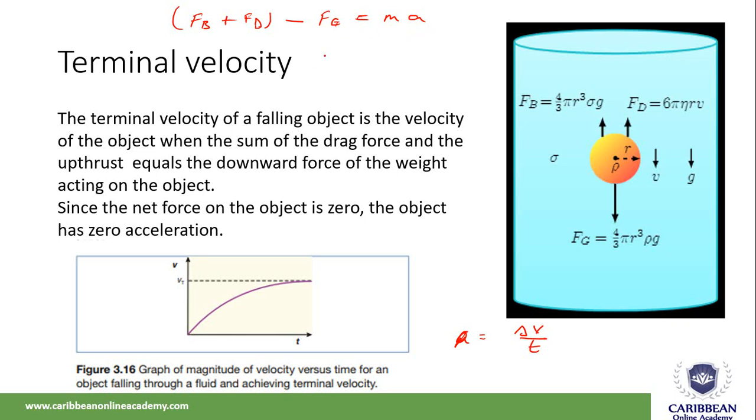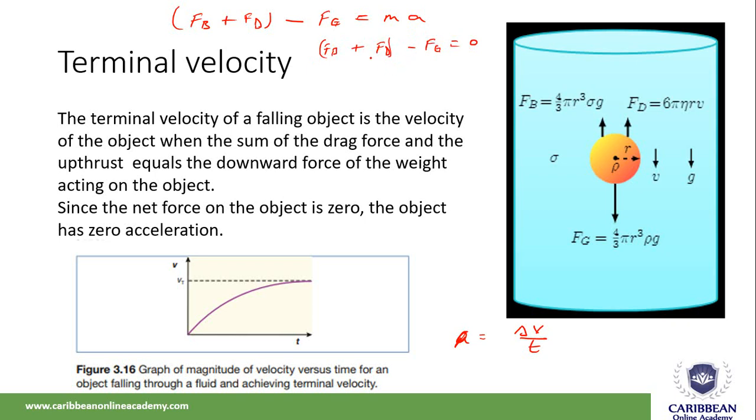So it boils down to the fact that Fb plus Fd minus Fg is equal to 0. Good?